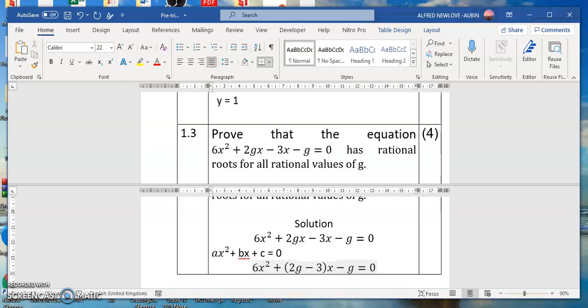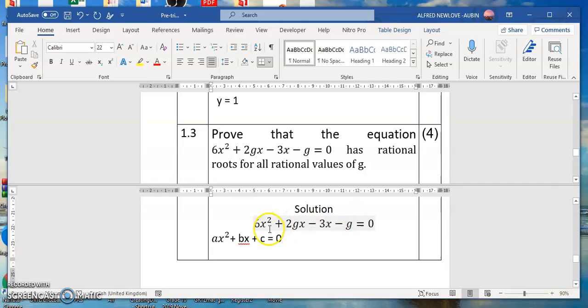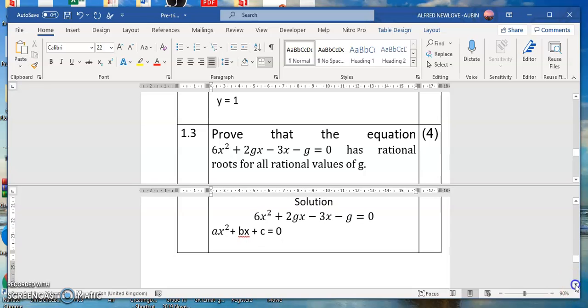This is the general quadratic formula. Alright, so here we need to express this one in that form. How are we going to express that?